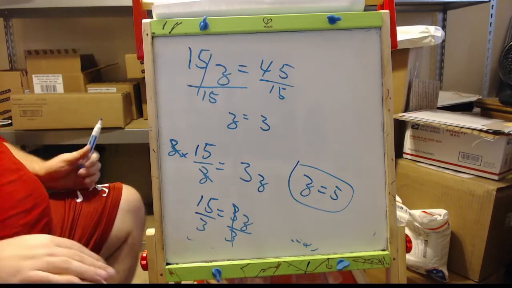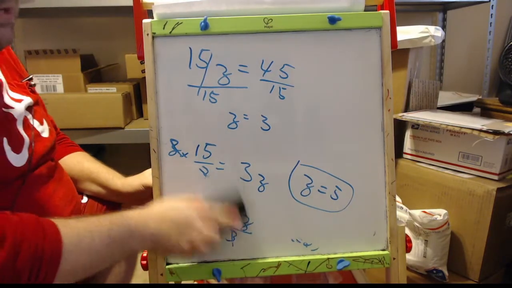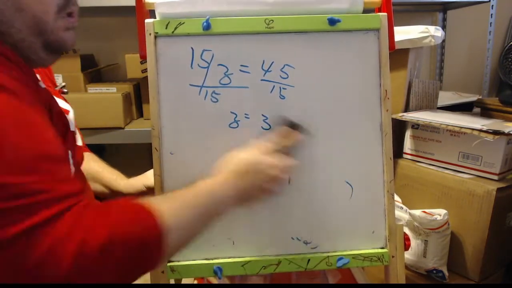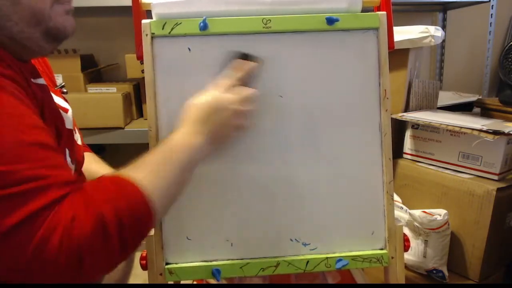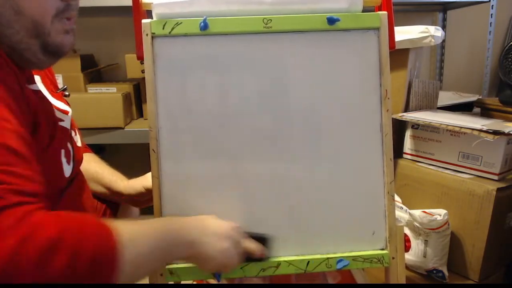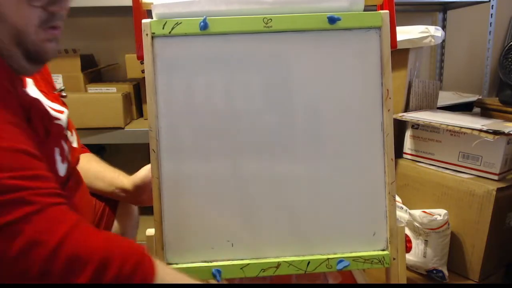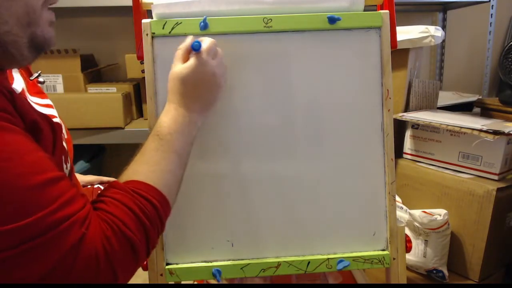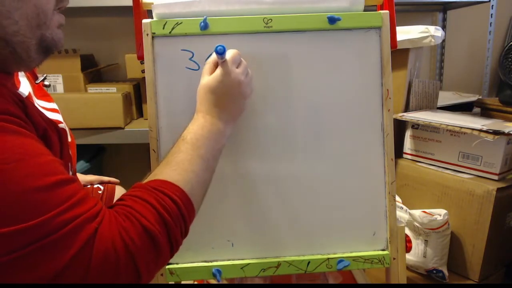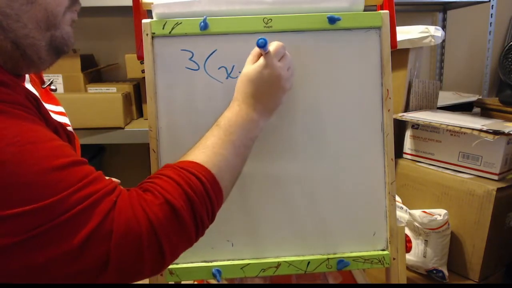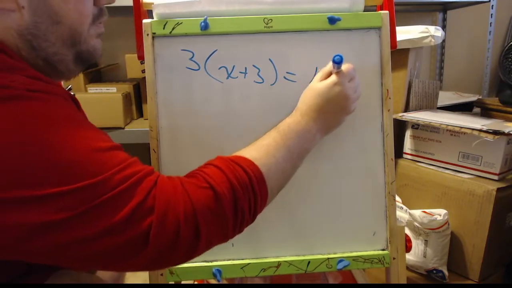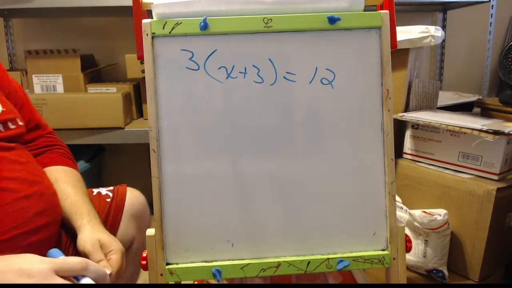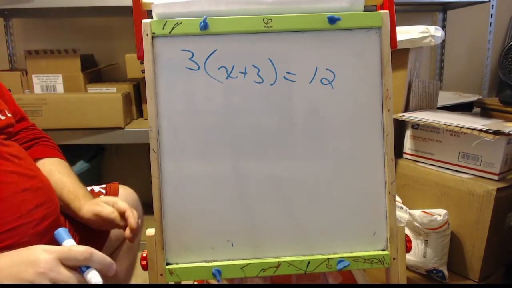Okay. So that's working with simple algebraic equations. Let's look at a little bit bigger of a problem. Let's say we had something like this: 3 times (x plus 3) equals 12. What do I do?